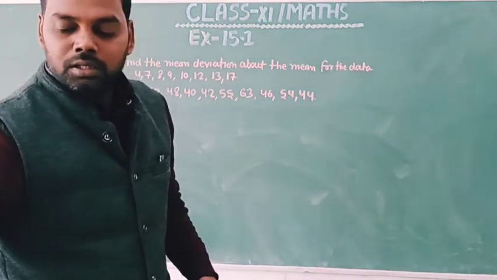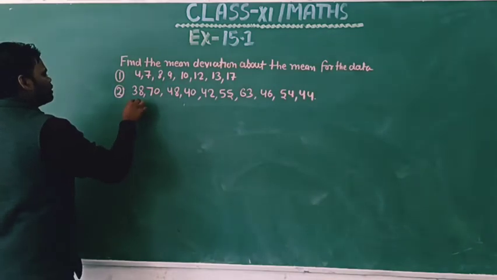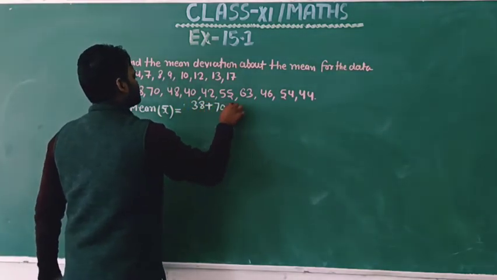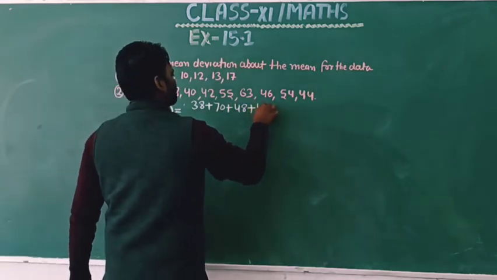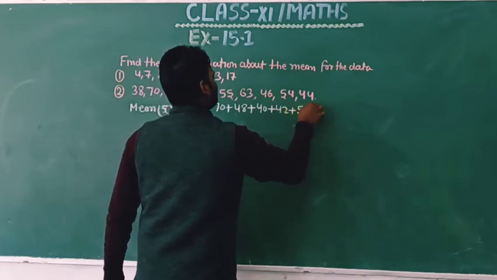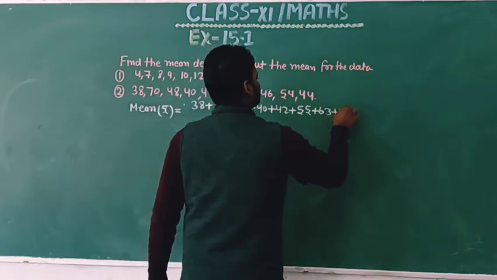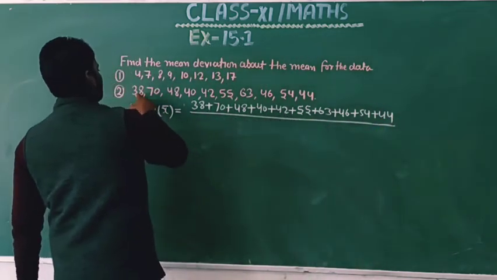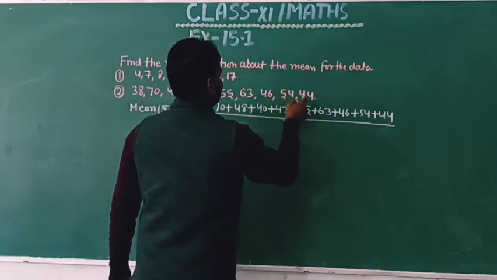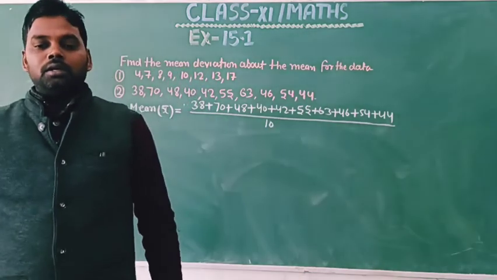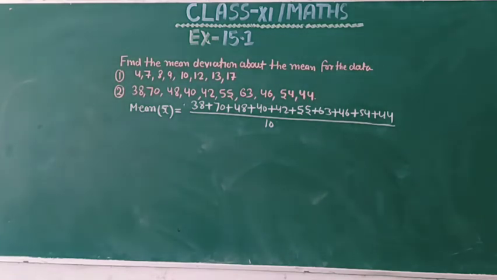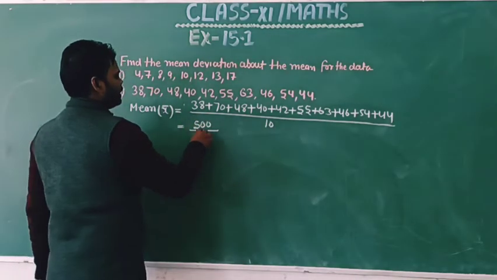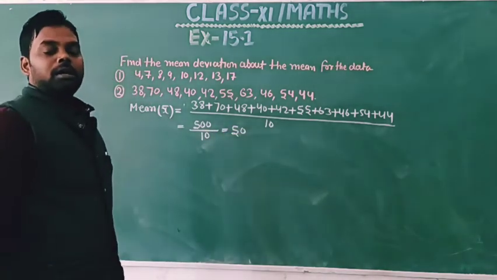Dear children, first find the mean of the given observations: 38 plus 70 plus 48 plus 40 plus 42 plus 55 plus 63 plus 46 plus 54 plus 44, divided by the number of observations, which is 10. The sum of the observations is 500, and 500 divided by 10 is equal to 50. So the mean of the given observations is 50.